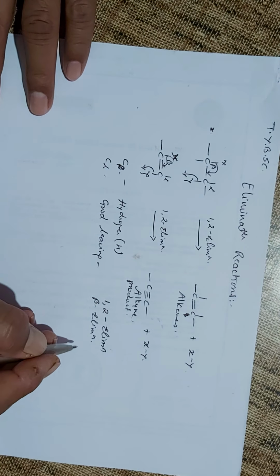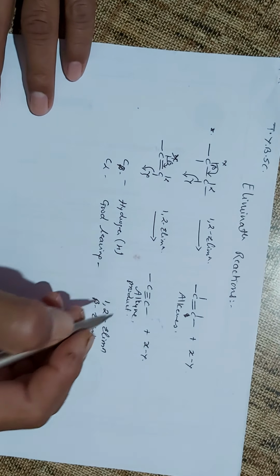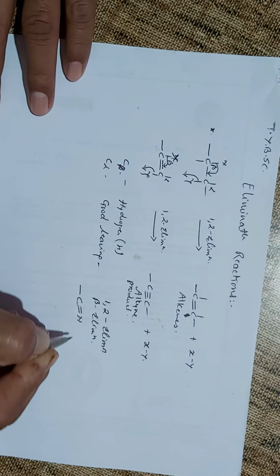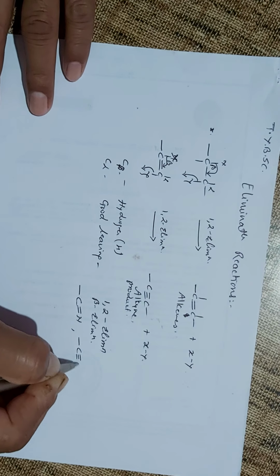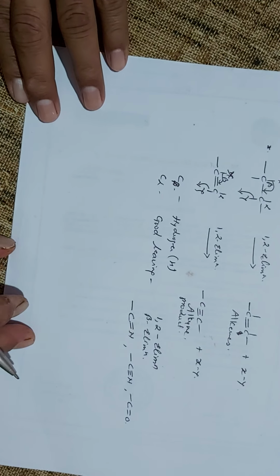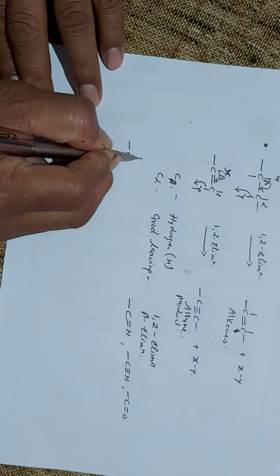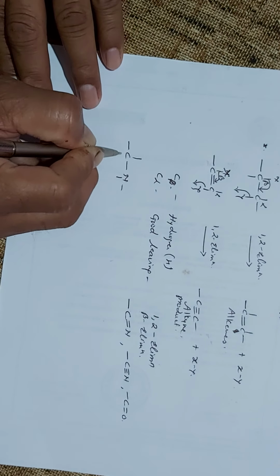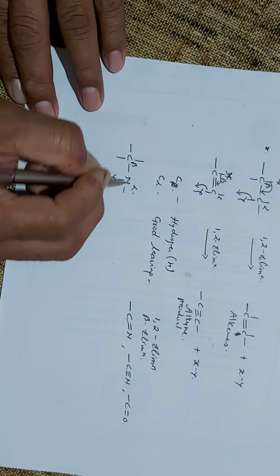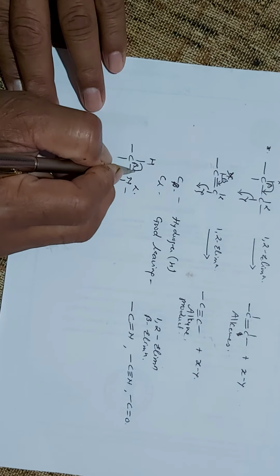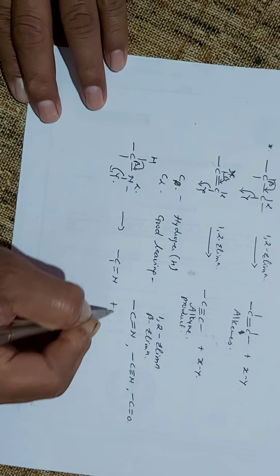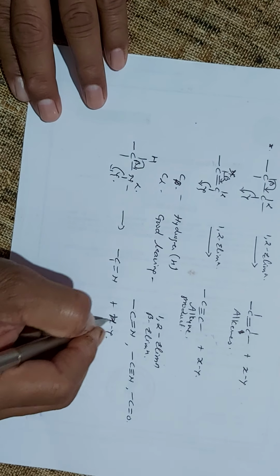Here, by using the beta elimination reaction, we can not only prepare alkenes and alkynes, but we are also able to get the carbon-nitrogen unsaturation, the carbon-nitrogen triple bond formation, and the carbon-oxygen double bond formation. So such types of elimination reactions are also seen. The general theme of the reaction is the same: a good leaving group from the alpha carbon atom and the proton from the beta are eliminated, and you get the formation of a carbon-nitrogen double bond.